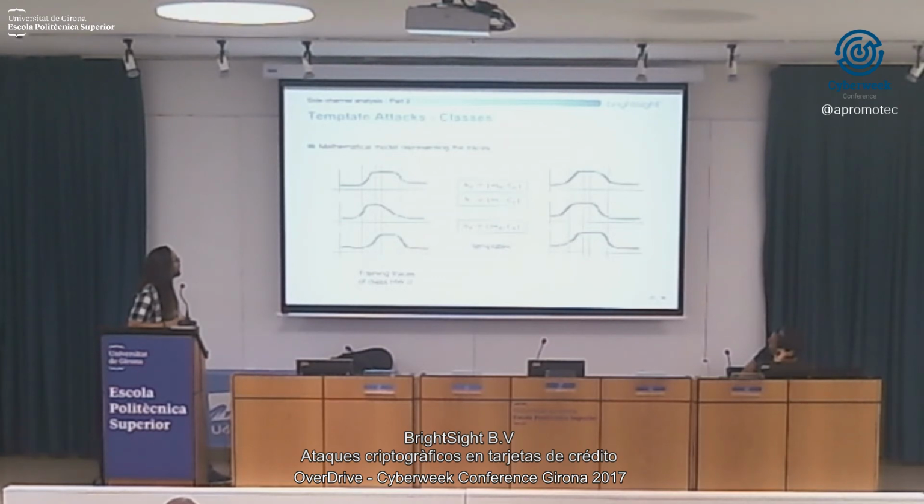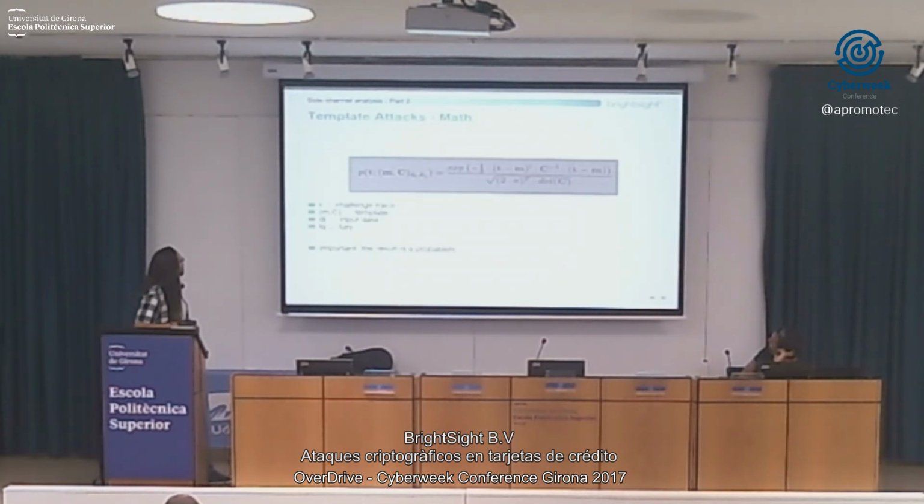So, the classes are represented by these templates, which are the vectors of means and the covariance matrix. For each class, we will have this. And the matching is done with this big formula. This is the challenge trace.